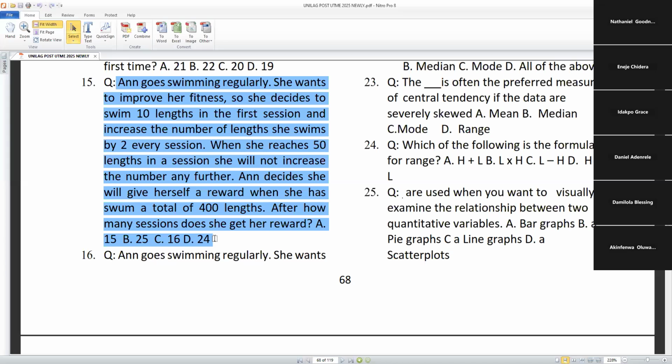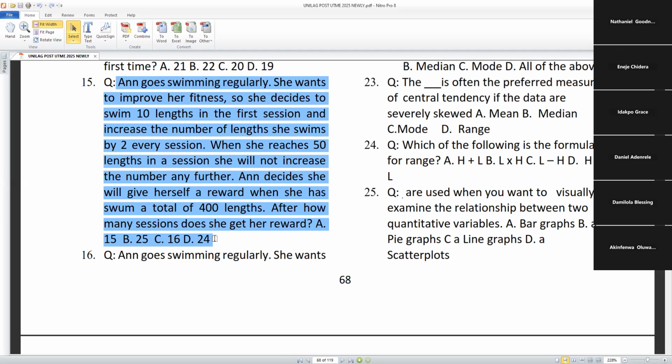Now, when she reaches 50 lengths in a session, she will not increase the number any further. That is what we have just explained on the board. Is this part very clear also? Yes, sir. Now, this is where I need your cooperation.